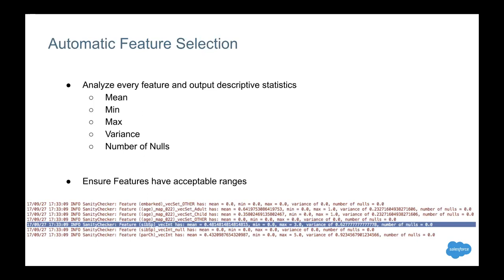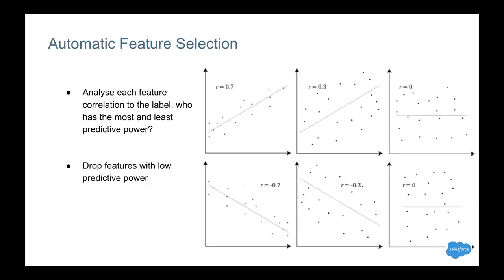We check that they have acceptable ranges. We also compute correlations of the features to the label based on pointwise mutual information, Pearson correlation, and so forth. Depending on the feature type, we use different statistical approaches.